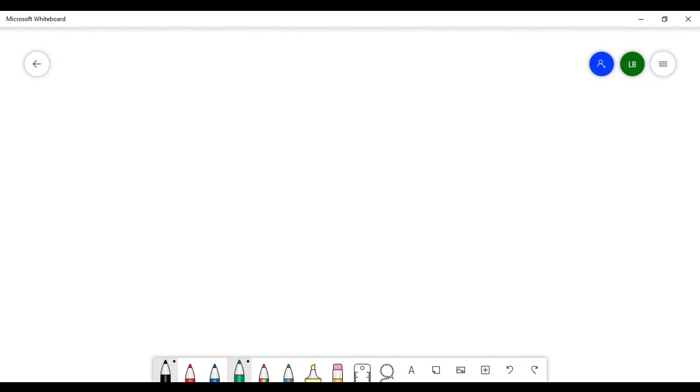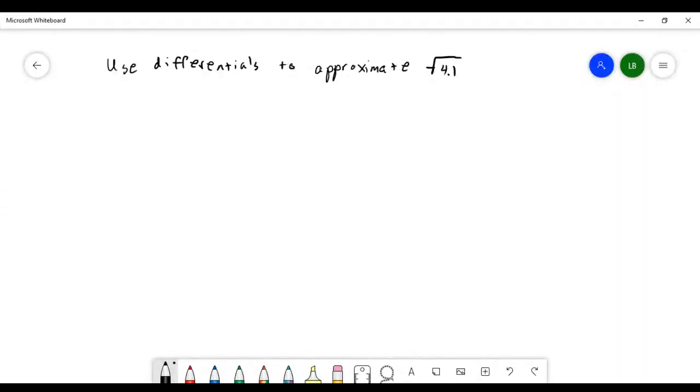Have you seen problems like use differentials to approximate the square root of 4.1? No? Okay.